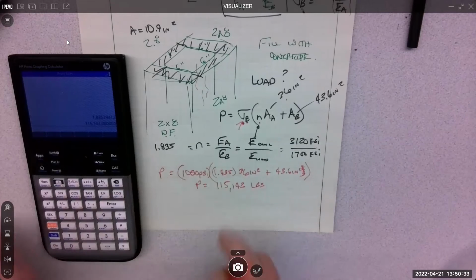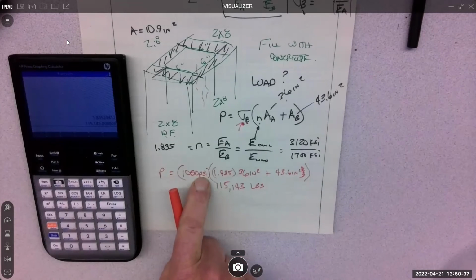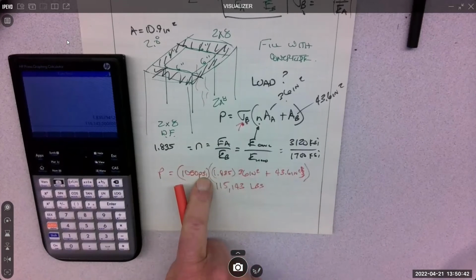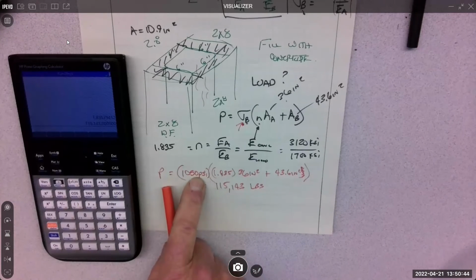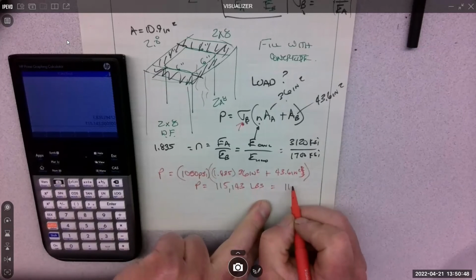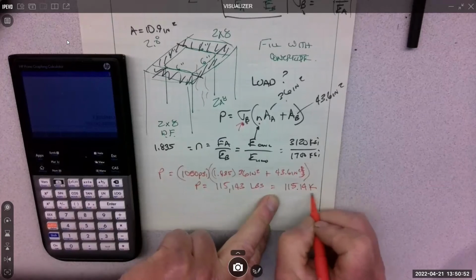pounds. Because I have pounds per square inch here and that pounds gets left. I have inches squared inside, that crosses with the per inches squared here. So pounds, pounds. So probably written 115.14K.